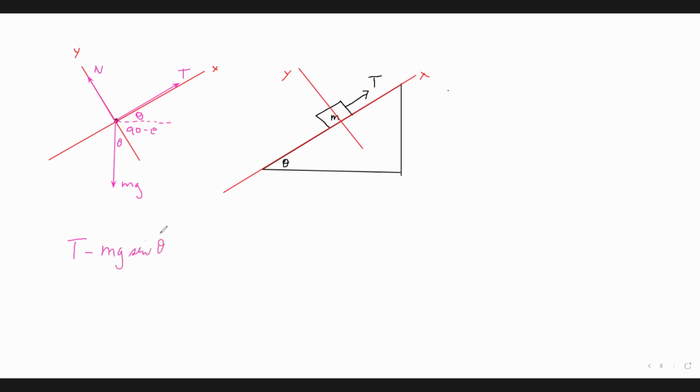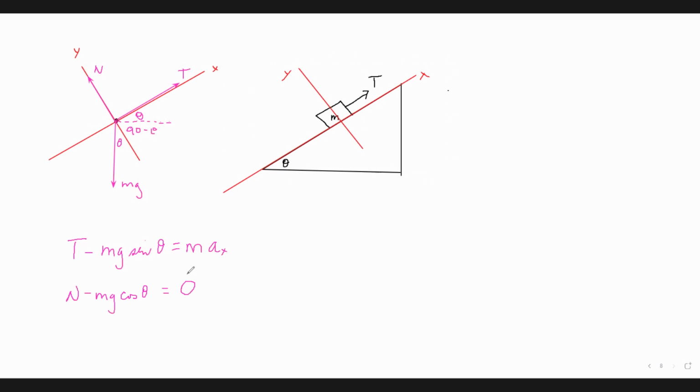So everyone see how the component in this direction is mg sine theta, equals m a in the x direction. Now let's assume that it's confined to stay on the plane. Then in the y direction, we have N minus mg cosine theta must equal 0.